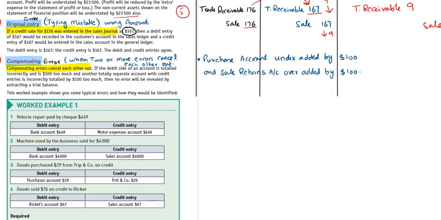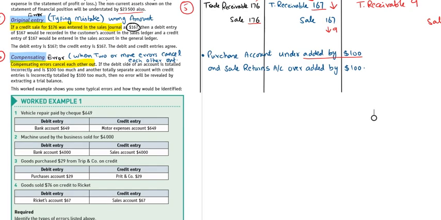So what error will occur if we record less of purchase by $100 and sale return recorded more of $100?